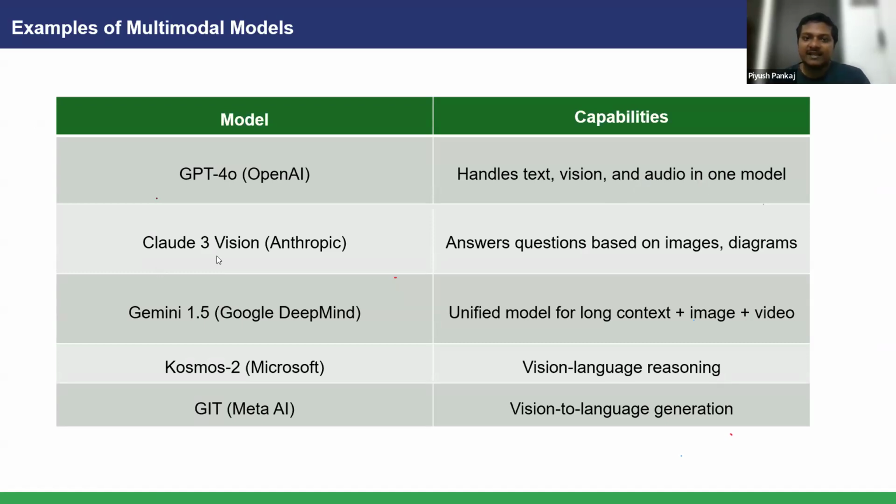Claude 3 Vision can answer questions based on images and diagrams. You can give a diagram and see what it is generating. Gemini 1.5, I'm talking about the very old model. Right now you are using, I think, 3.5, I guess.